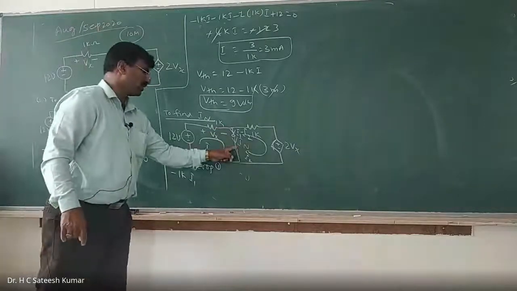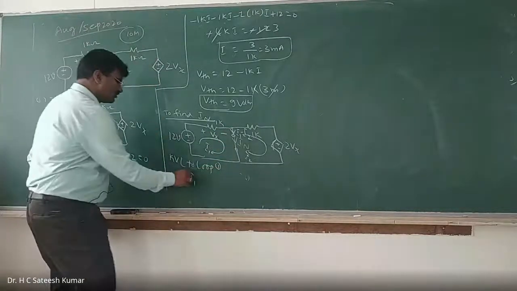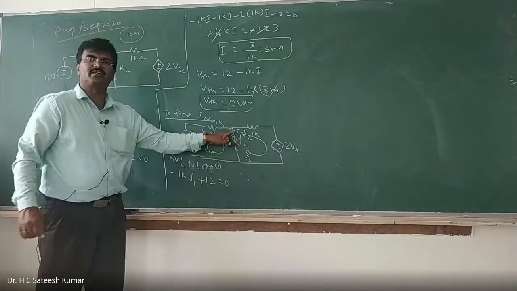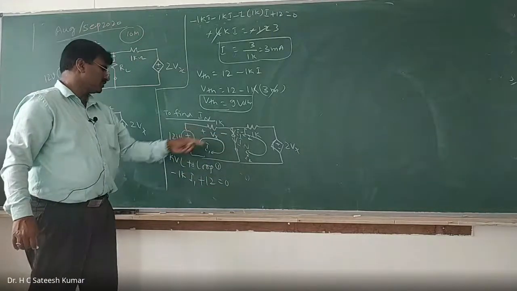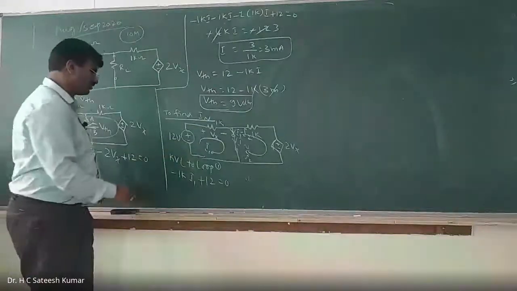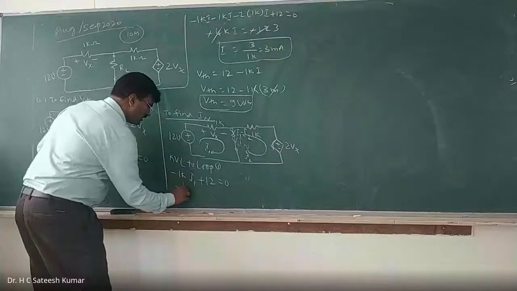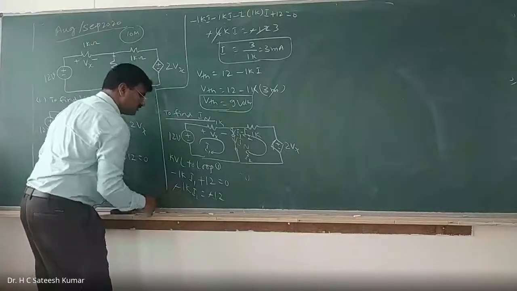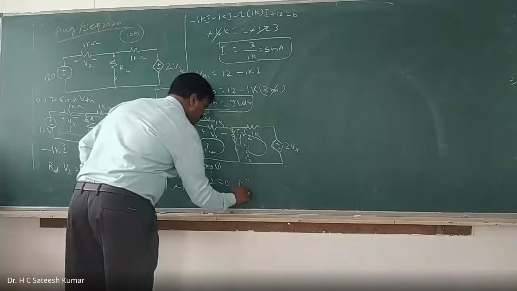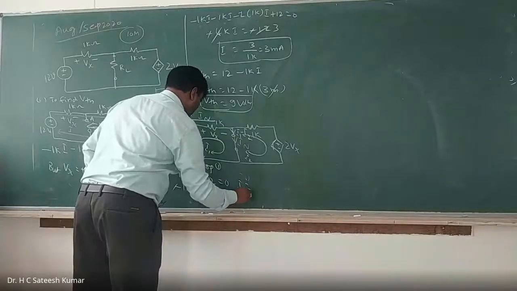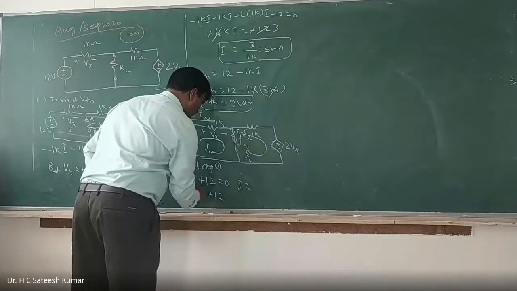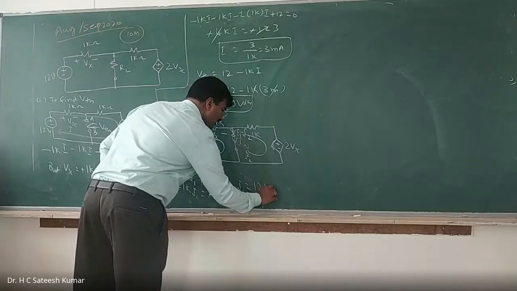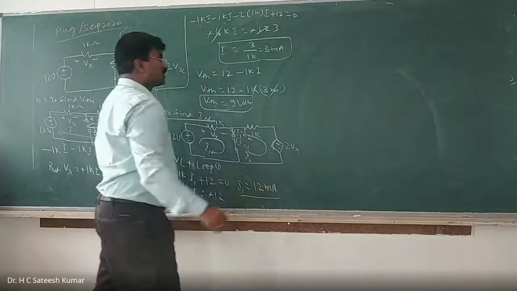Here we don't have any resistance at all. Plus 12 is equal to 0. You should be very careful. Minus 1K into I1 plus 12 is equal to 0. Therefore, minus 1K into I1 is equal to minus 12. Cancel this one. Therefore, I1 is equal to 12 milliamps. K goes to the denominator, and when K goes to the numerator, you get milli. 12 milliamps.